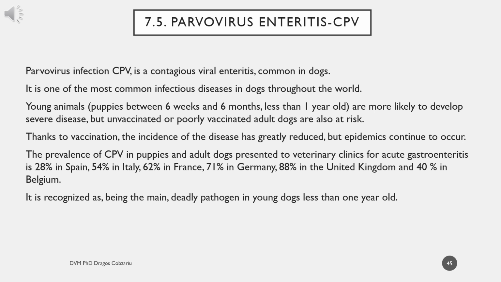The prevalence of CPV in puppies and adult dogs presented to veterinary clinics for acute gastroenteritis is 28% in Spain, 54% in Italy, 62% in France, 71% in Germany, 88% in the United Kingdom and 40% in Belgium. It is recognized as being the main, deadly pathogen in young dogs less than 1 year old.